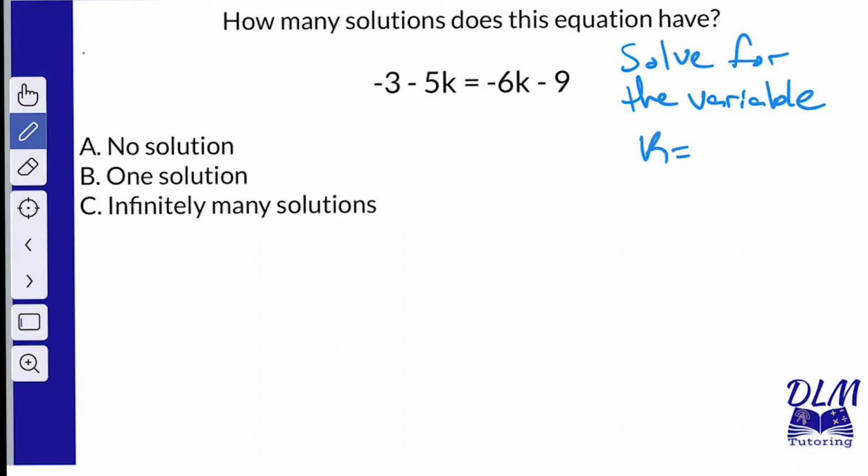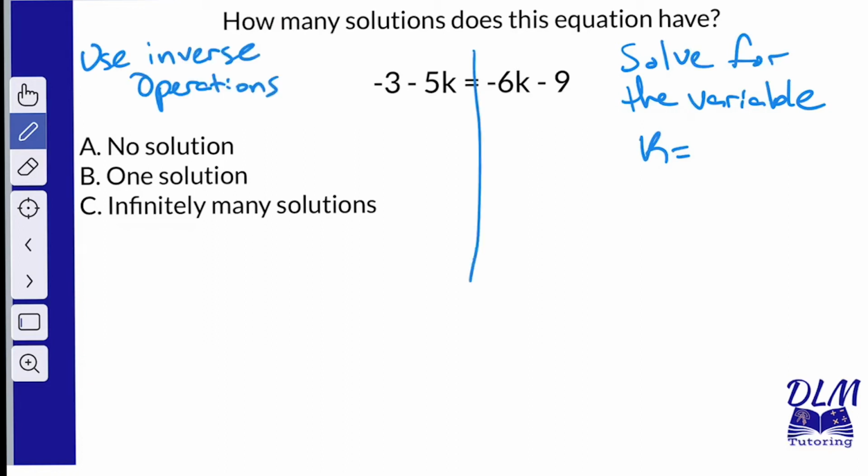I'm going to need to use inverse operations. So I put my wall up, and now I'm going to solve. I'm going to start by adding 5 to both sides, again creating a zero pair on this side, and when I add 5k on this side, I end up with negative k minus 9, and this side I'm going to end up with negative 3.